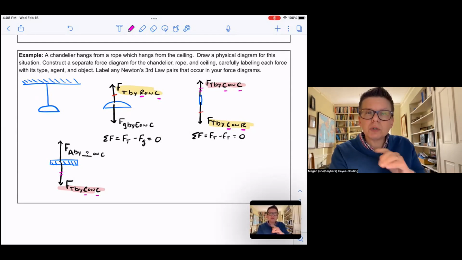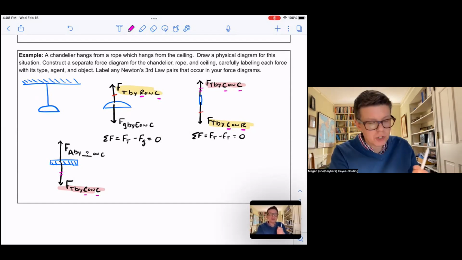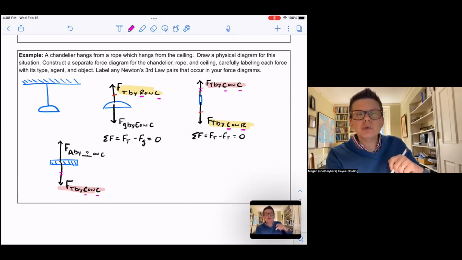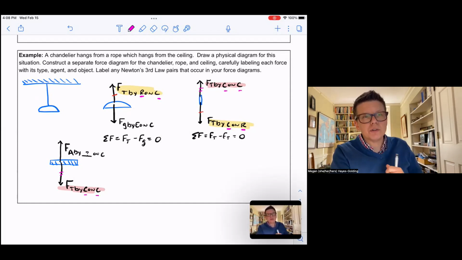But in Newton's third law force pairs, look for the labels to be reversed and always look for them to be on two different objects. Okay, Newton's third law forces are both sides of the same interaction happening on two different objects.